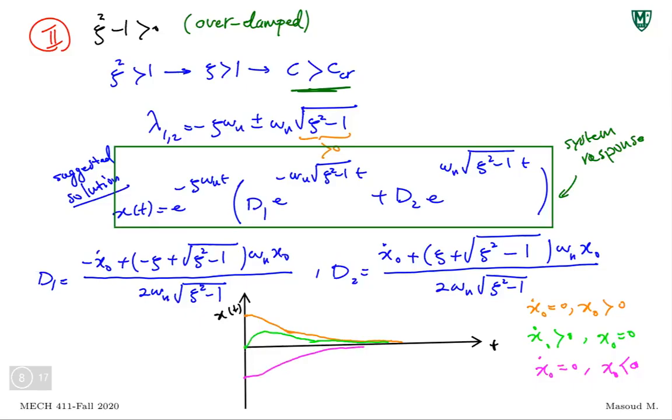So we'll get something like this. The system does not oscillate, whatever input you give it, whether you push it, give it initial velocity, or some initial displacement. Think about the spring-mass system. It goes to one side, and it slowly starts coming back towards the equilibrium point. It's overdamped.